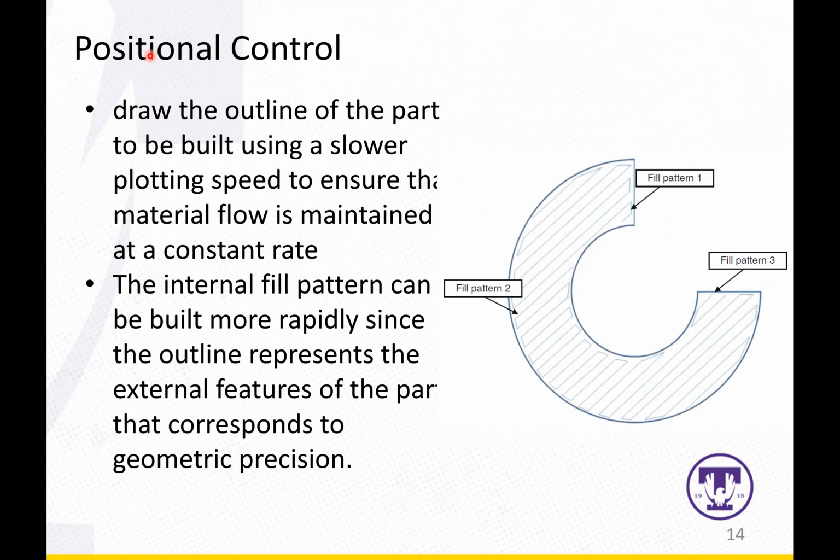So, another few points about the positional control. As you can see, for each layer there will be an outline, or the contour, and then there will be the infill, right? When drawing the outline of the part, the nozzle moves slower, to make sure the contour is printed precisely. But the infill is basically inside.